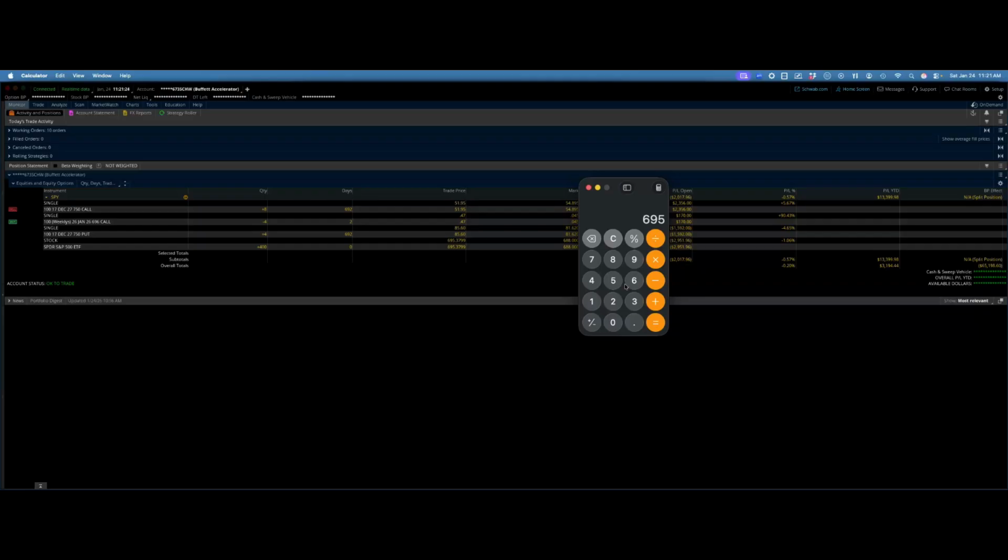I sold a covered call for $4. Remember, each option represents 100 shares, so that $4 really translates to 40 cents per share. So if I subtract that 40 cents from my purchase price of 695, my cost basis is 694.60.